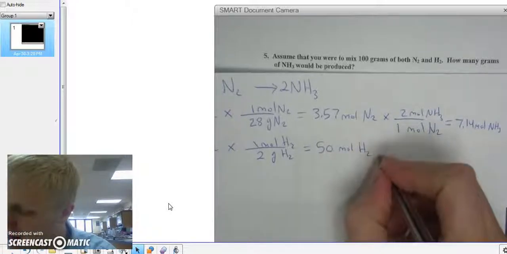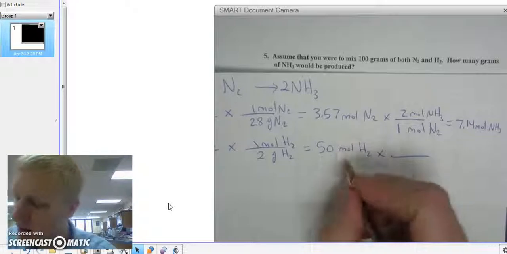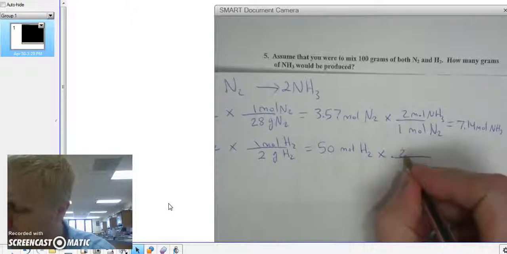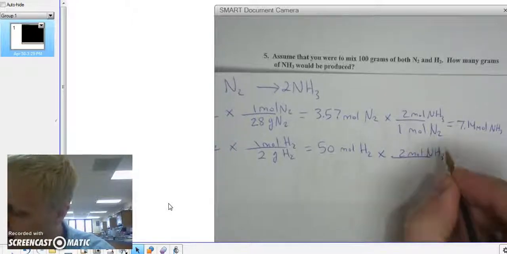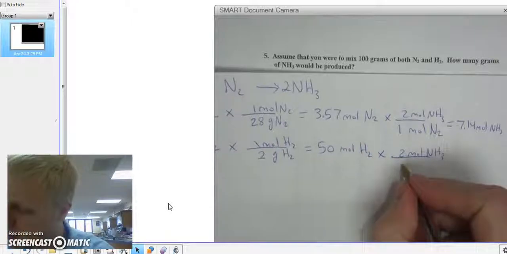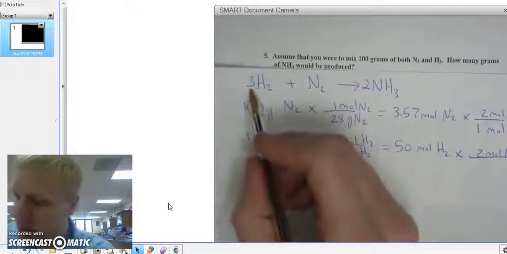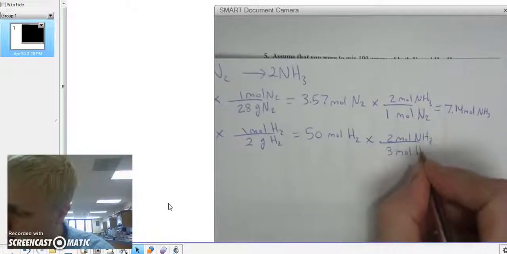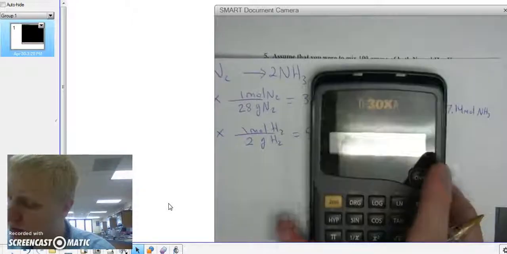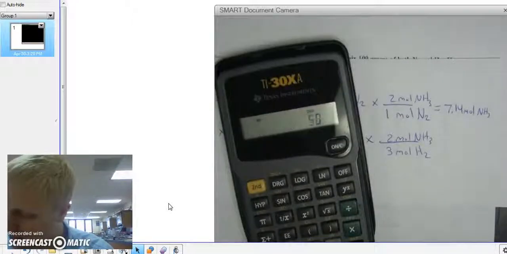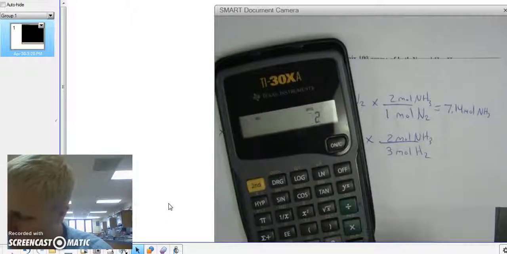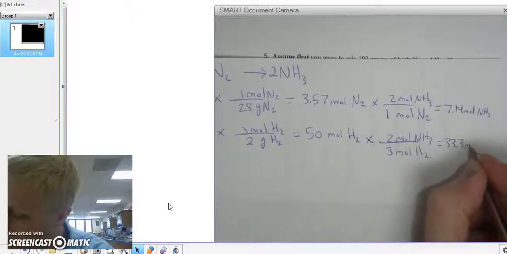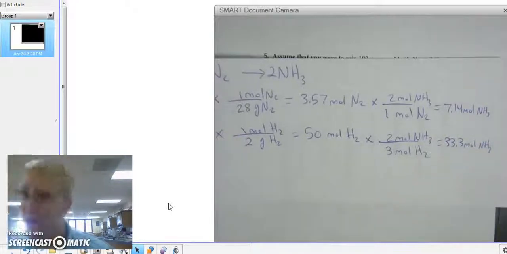Moving on to the second one, and now I want to predict how much product of NH3 is going to be produced if I have 50 moles of H2. So I'm going to put, again, 2 moles of NH3, that comes from my balanced equation, over, in this case, 3 moles of H2. 50 times 2 divided by 3 is 33.3.